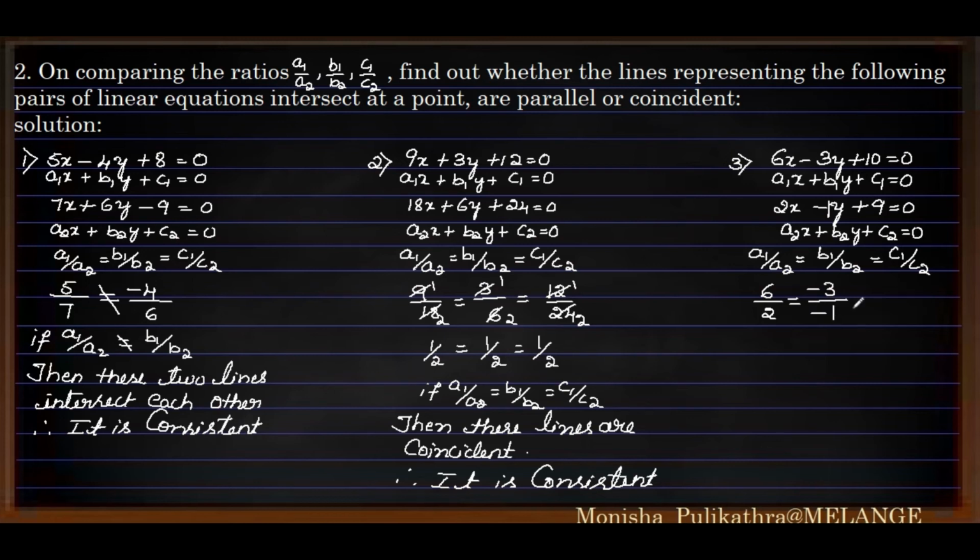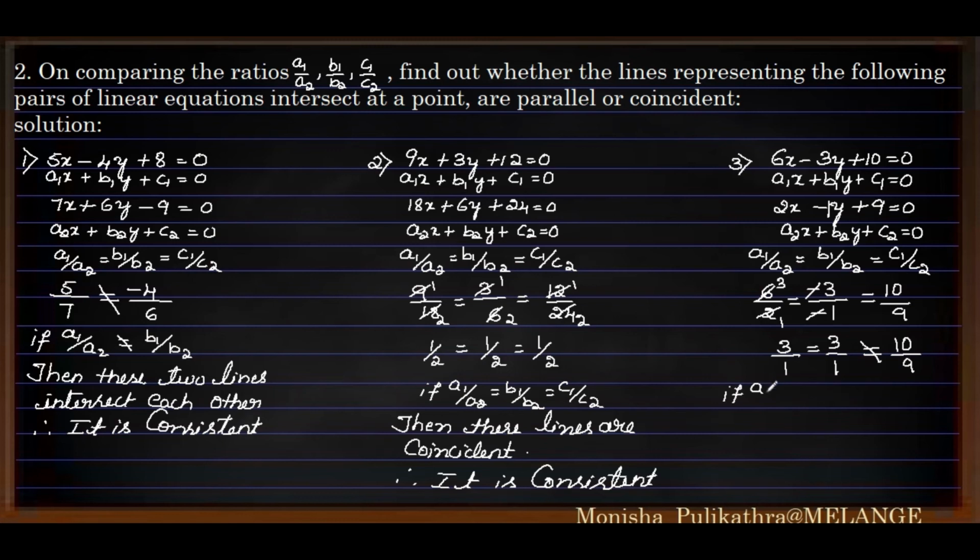So B2 is minus 1, is equal to C1 is 10 and C2 is 9. So here 2 ones are 2, 2 threes are 6. Okay, here minus minus gets cancelled. So what it has become? 3 by 1 is equal to 3 by 1 is not equal to 10 by 9.